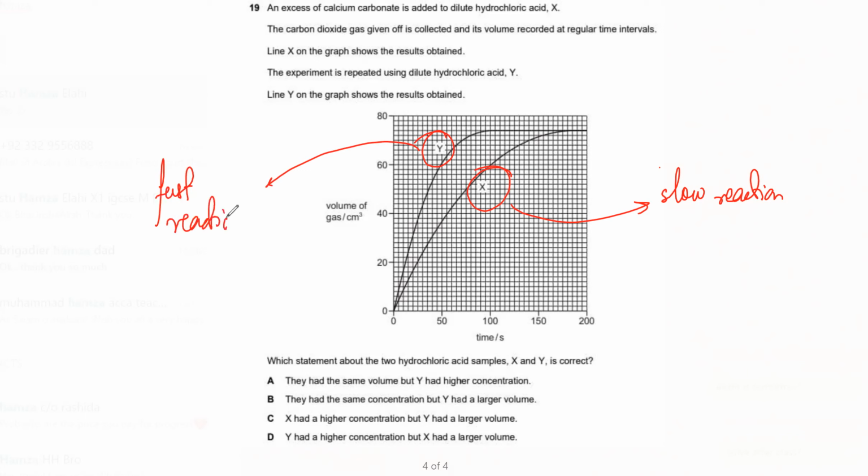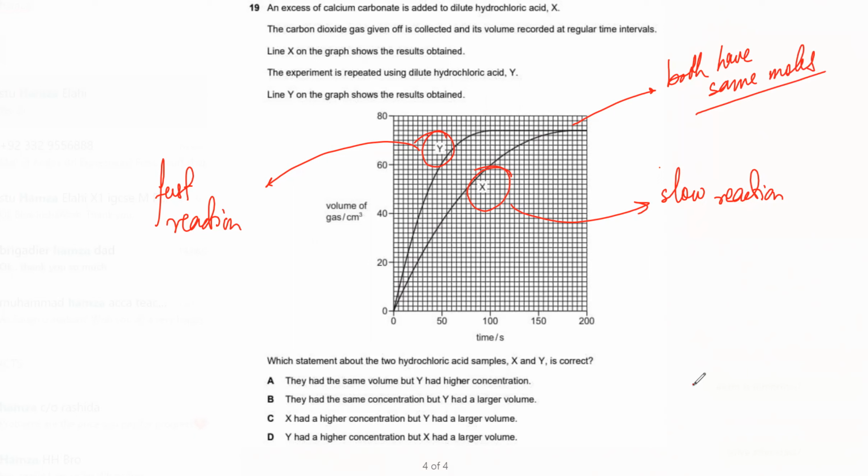Now look, what gas is being formed in these? The same one is being formed. Yes, sir. So that means they both have the same moles, right? Sir, can we say the same moles means the same concentration? I mean, one of the reactions is obviously faster, right?